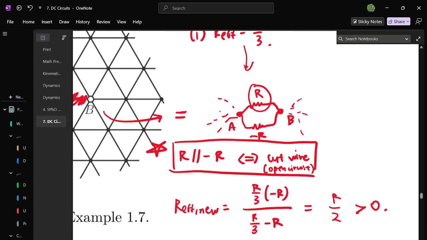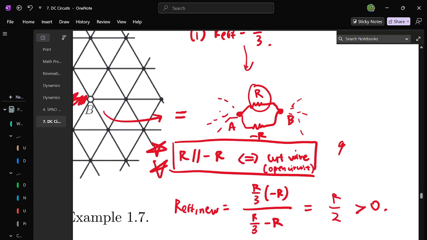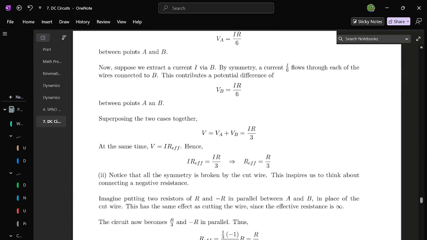So to reiterate, this is the concept: whenever you have a cut wire, replace it with a negative resistance in parallel with a positive resistance. It gives the same thing. Again, the problem set has more examples to illustrate this.